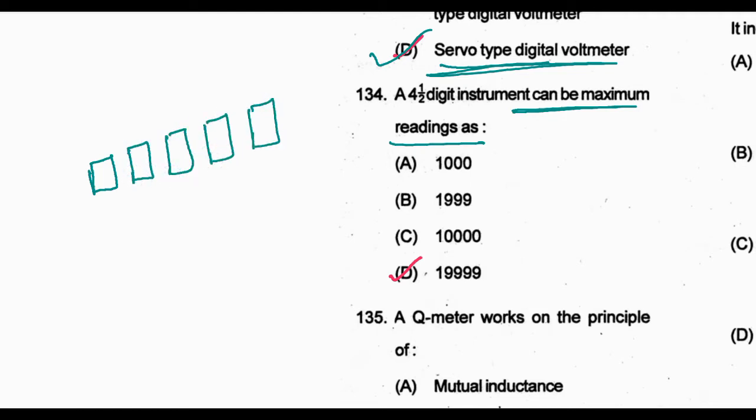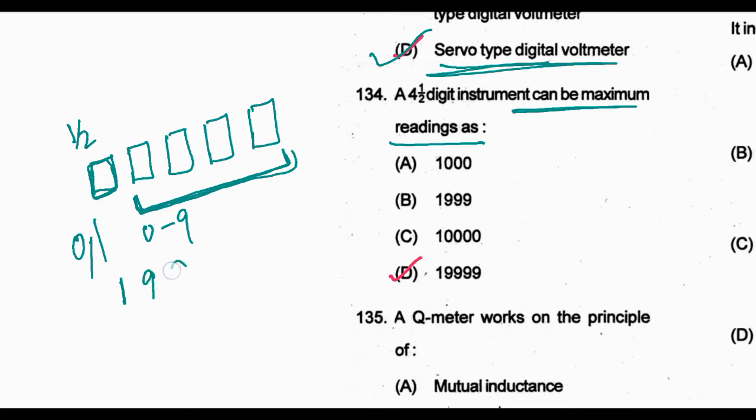Among these 5 digits, four are full digits, which can vary from 0 to 9, and the half digit represents variation only between 0 and 1. So the maximum value for this one is only 1, because it can be only 0 or 1. For the others, 9 is the maximum digit we have. So the maximum reading is this much.